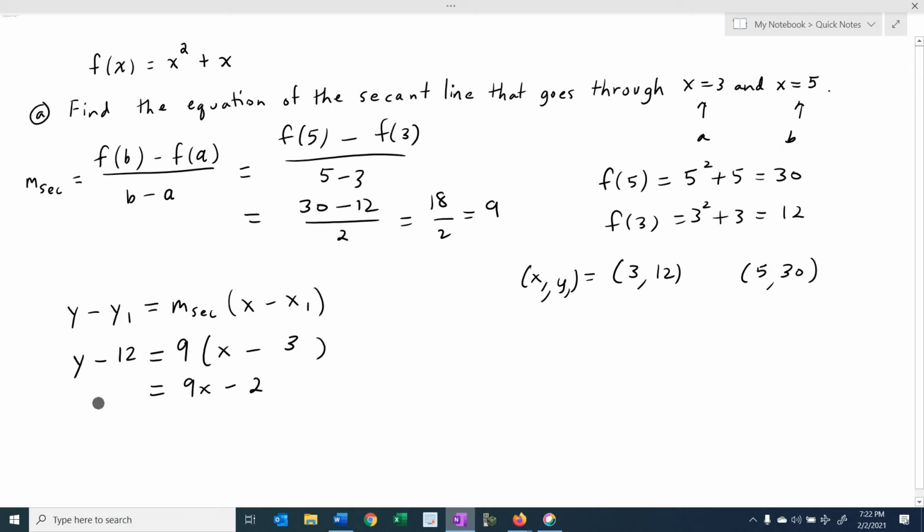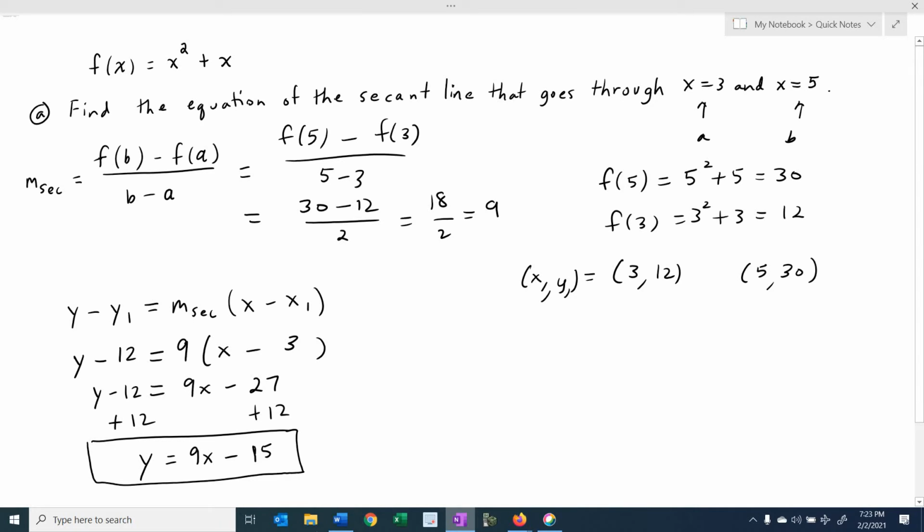So we get 9x minus 27. Then I'm going to go ahead and add the 12 to both sides. So we end up with y is equal to 9x minus 15. Okay, so that's the equation of the secant line that goes through these 2 points.